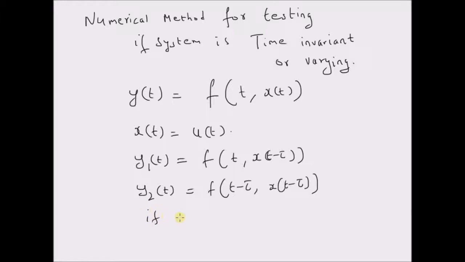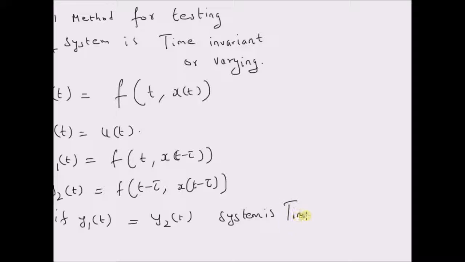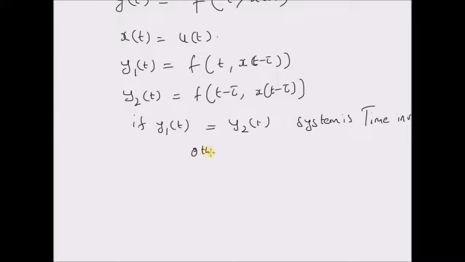Then if y1 of t is equal to y2 of t, the system is time invariant. Otherwise, it is time varying.